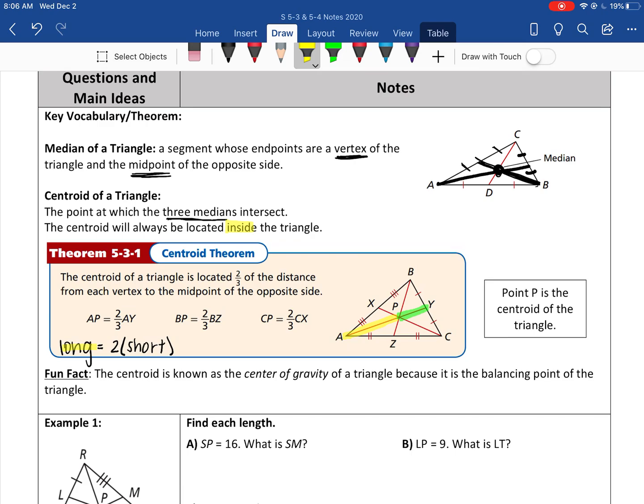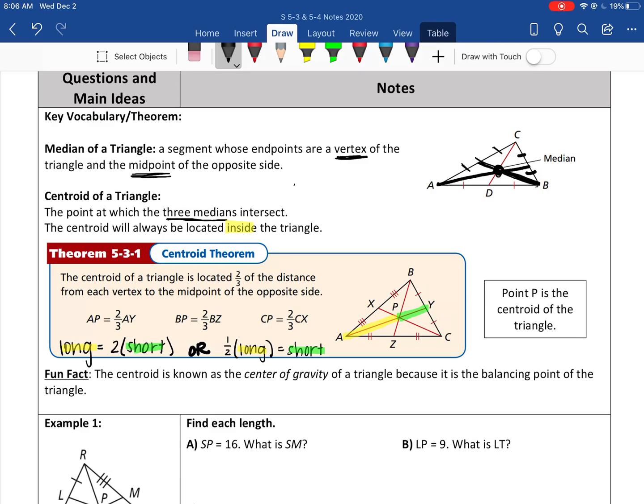So your yellow piece is double the length of your short piece, or half of your long piece is equal to the short piece. Okay, so again, if you look at each median and break it down into short and long, that is your other relationship.